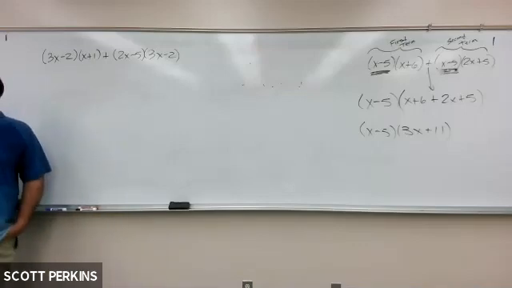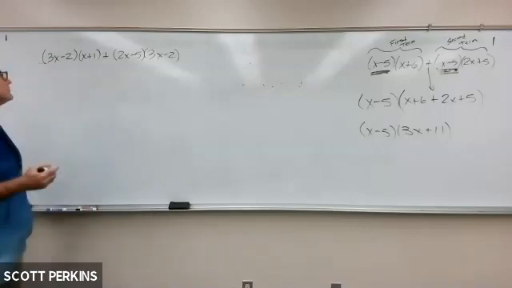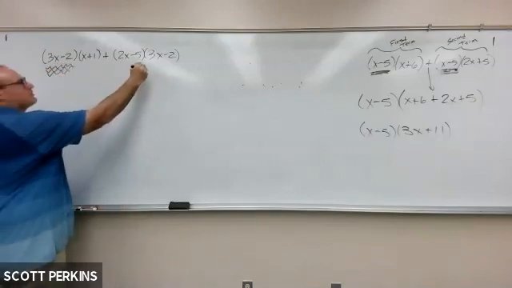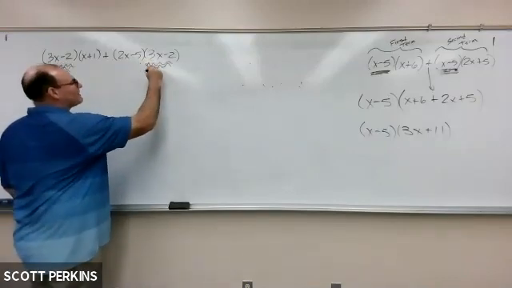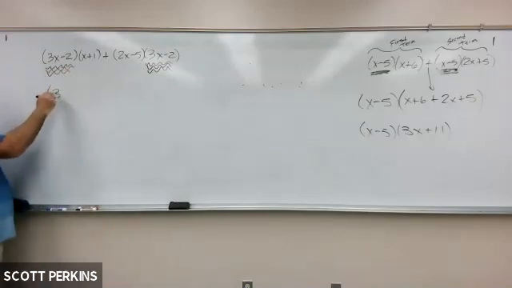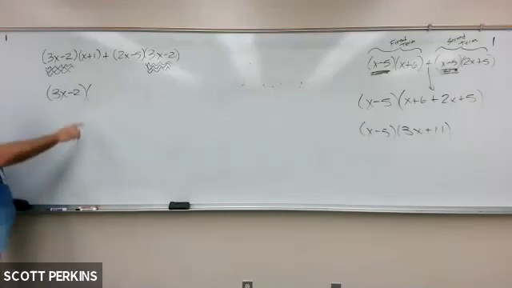All right, what's the factor that's in common to both of these terms right here? There's a 3x minus 2 right here, and there's a 3x minus 2 right here. Great. That's the thing that looks exactly the same. So I could factor it out. I will do that. 3x minus 2. When I factor out the 3x minus 2, what's left from the first term?